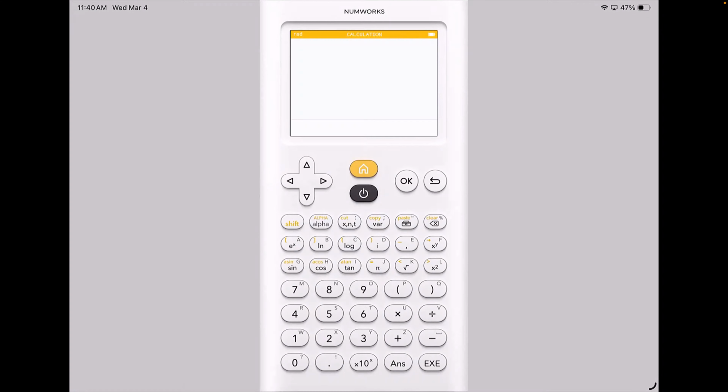We want the 12th root. I'm not going to use the square root, because I don't want the square root. I want the 12th root. So two buttons above that, it says paste, has quotation marks, and has a little toolbox right below the OK. That's the button we're going to hit.